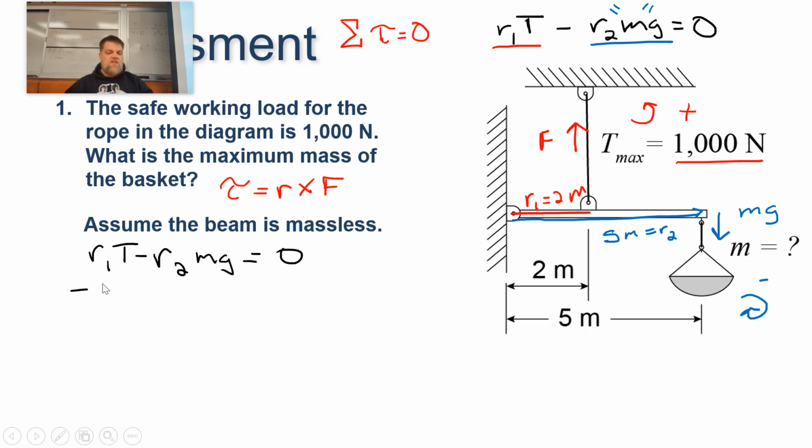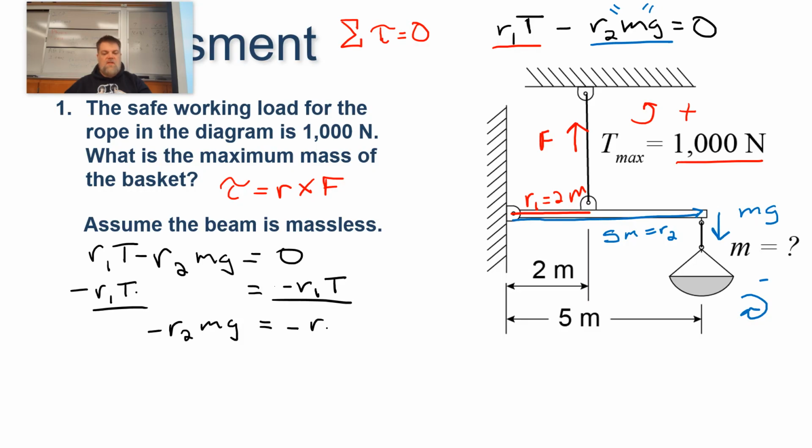So let's just go ahead and do it. I'll say minus R1 times T on both sides. That gives me negative R2 mg is equal to negative R1 T. Now, if I multiply everything by negative 1, everything becomes positive.